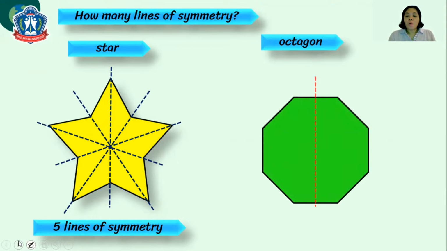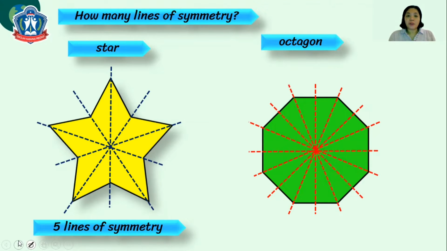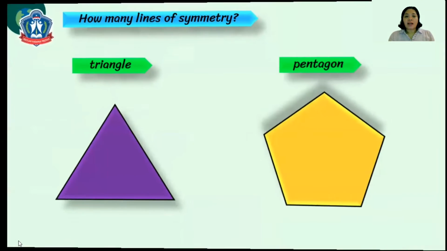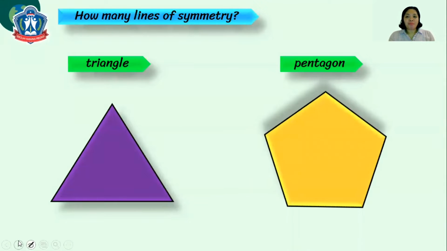Let's count. 1, 2, 3, 4, 5, 6, 7, 8. So an octagon, children, can be cut into 2 in 8 ways. So it has 8 lines of symmetry. How about a triangle and a pentagon? Can you find how many lines of symmetry each of these polygons has? If you have your answers, you can share them during our Zoom meeting.